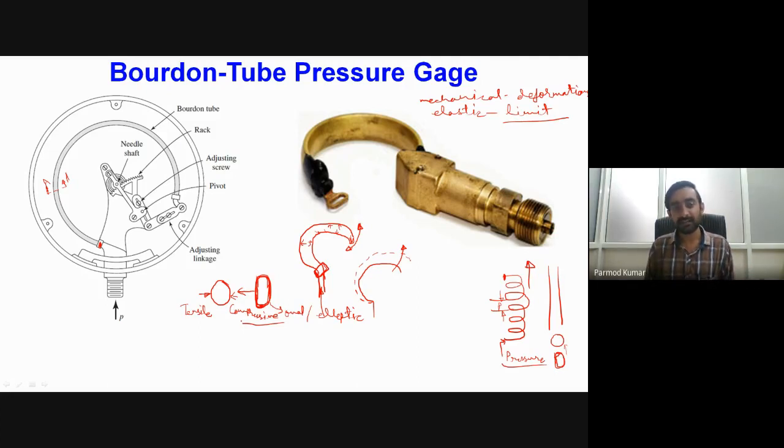Okay, then another type of stress will form. You can see over here, while this tube is moving in the outward direction, the entire length of the tube is trying to straighten up. Okay, so while this tube is moving in the outward direction, it means the tube is trying to straighten up.